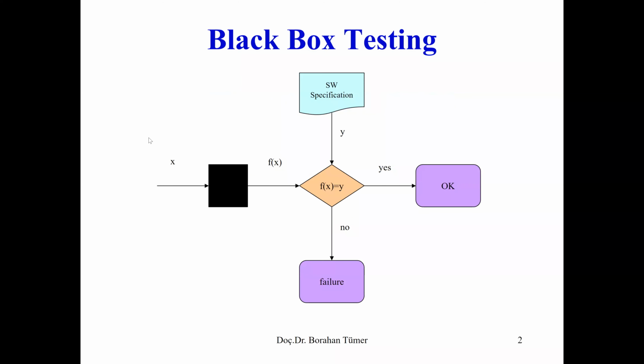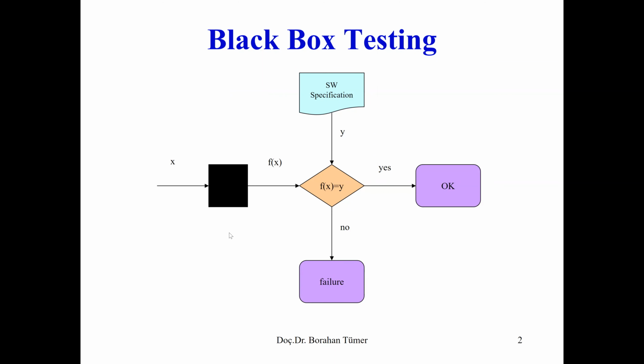Okay, let's start with the discussion. Black box testing can be imagined using this diagram here. Here, our program is a black box. This black box tells us that we don't actually see the code.